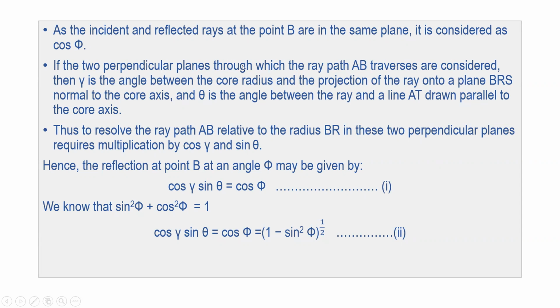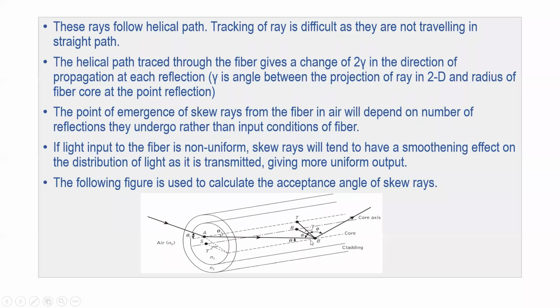If the two perpendicular planes through which the ray path AB traverses are considered, then angle gamma is the angle between the core radius and the projection of the ray onto the plane BRS normal to the core axis. Here you can observe, here is your B, here is your R, and then comes your S. After incidence, if it has traversed a path which is perpendicular to the plane, this one is your normal plane.